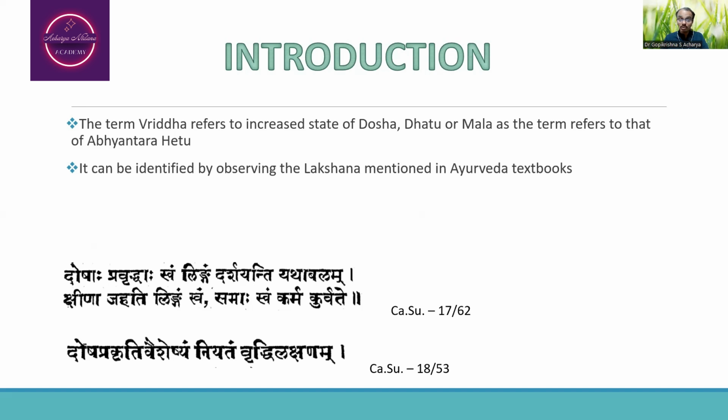When Vata dosha increases, that will be responsible for the increase of rukshatva or dryness in the body. And the chalatva in the body is responsible for the natural increase of chala guna. Like this, dosha prakriti vaisheshyam niyatam vriddhi lakshanam, those aspects can be looked at.